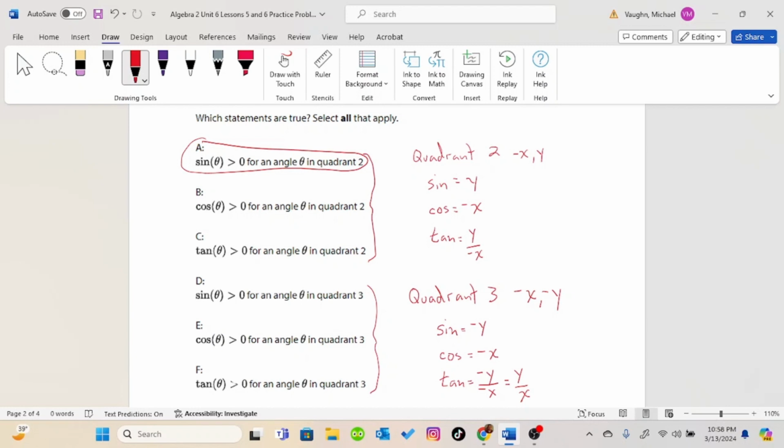And then F says tangent is greater than 0, which means tangent is positive. And that is true because a negative divided by a negative equals a positive. So A and F are the correct answers for this practice problem.